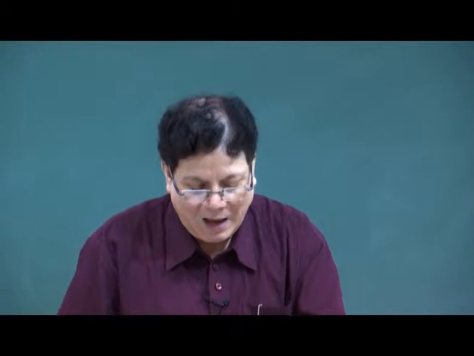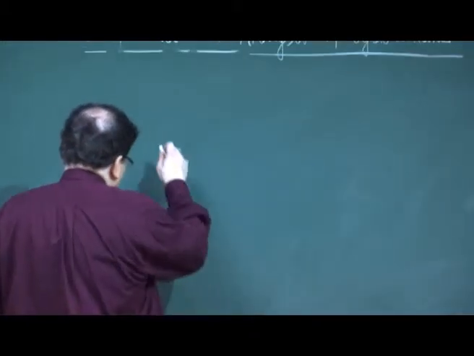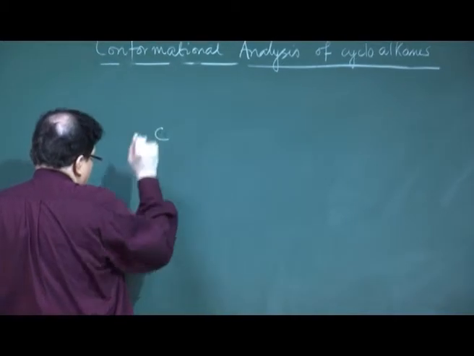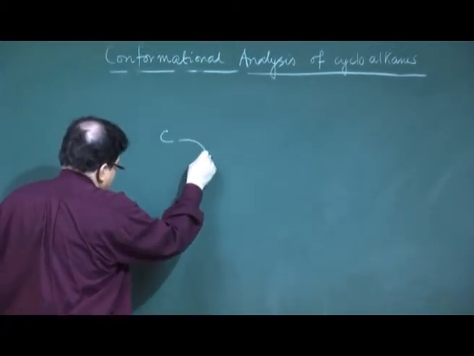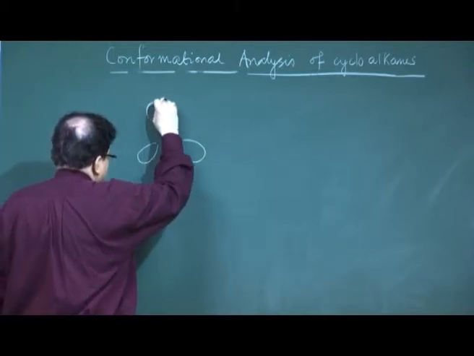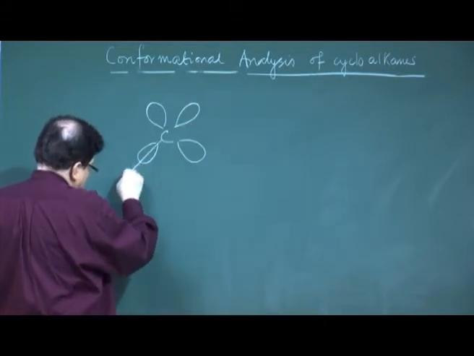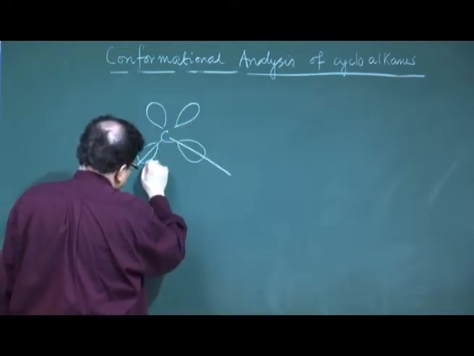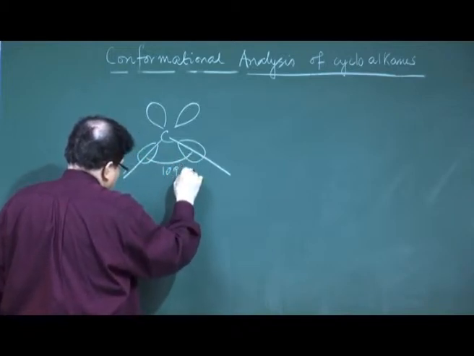Now, according to the modern day theory, when you draw the orbitals, say you have the sp3 orbitals of the carbon, and this angle, we know, is 109.5 degrees.